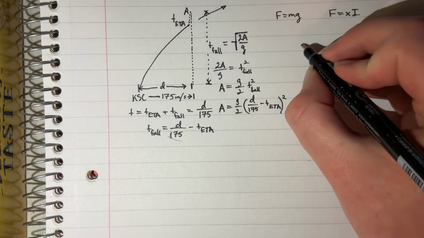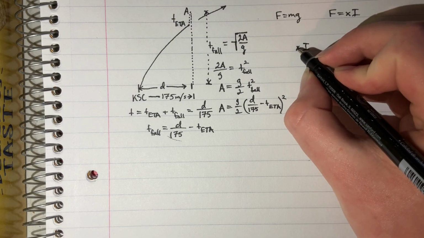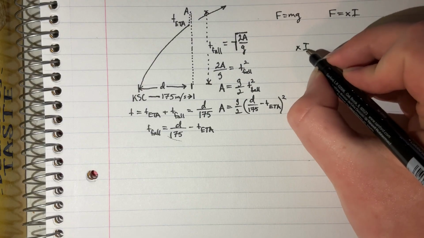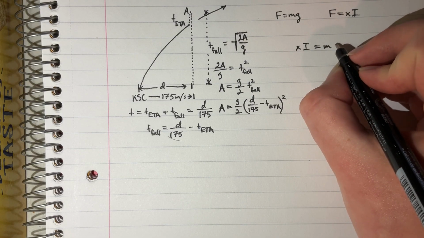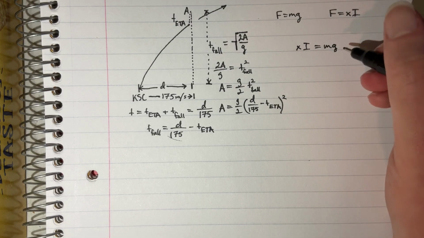So I'll just say the thrust we need is some multiplier, this number in kOS is between 0 and 1, times the thrust of the engine equals the mass of the rocket times g, the acceleration due to gravity.